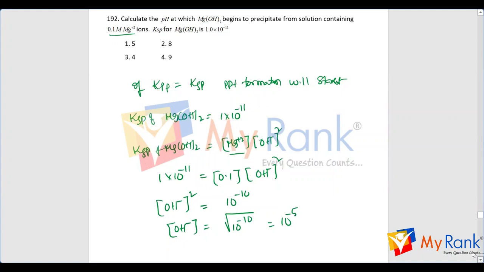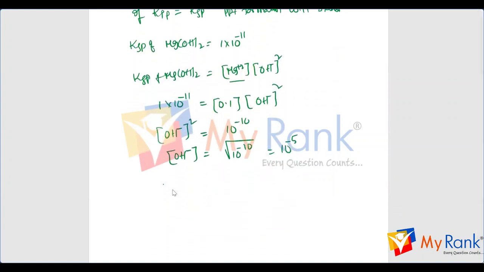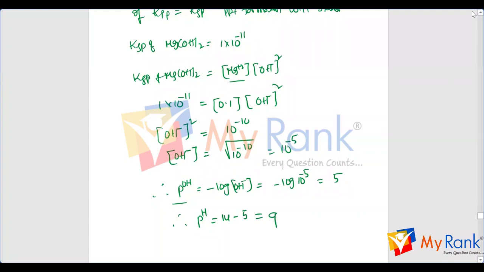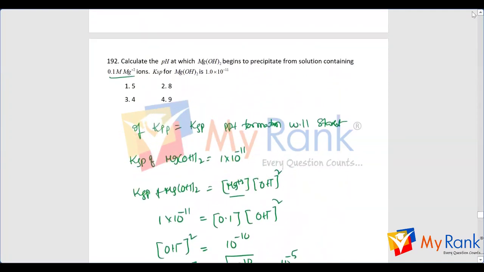So pOH is minus log of 10 power minus 5, which is 5. As pOH is 5, pH is 14 minus 5, which is 9. So that's why the pH is 9. Therefore, the option is the fourth option.